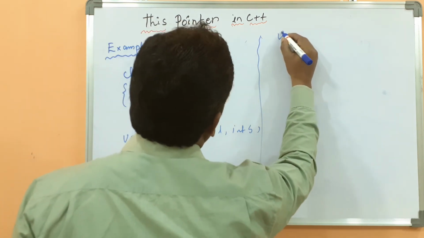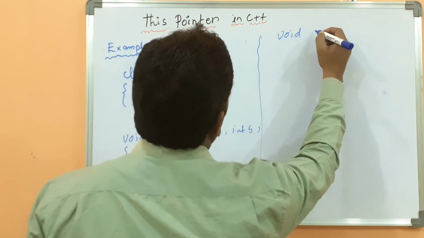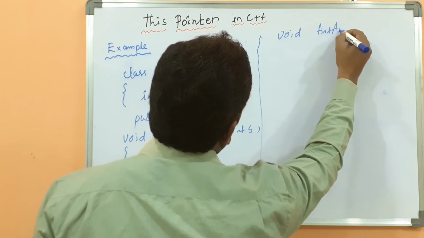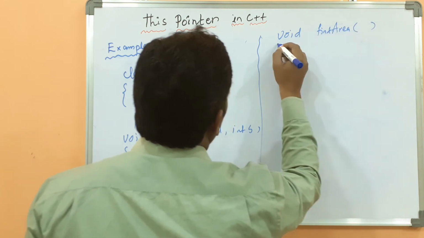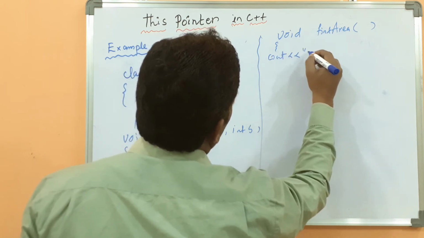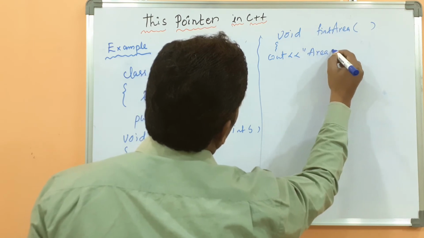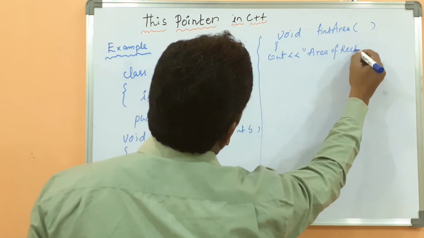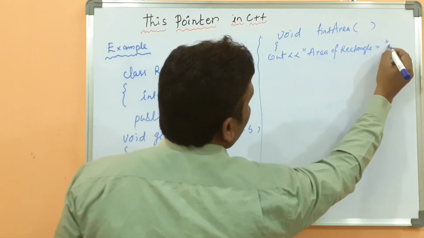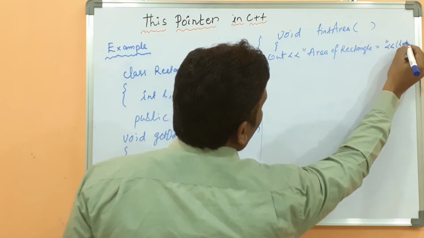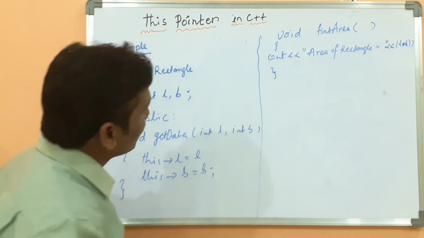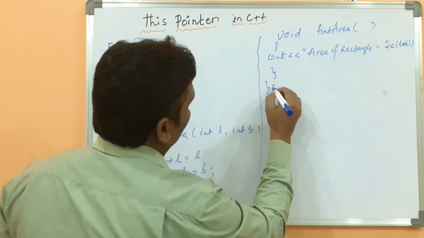Then after that, void area, find area, cout area of rectangle, L into B. The class should be closed over here.